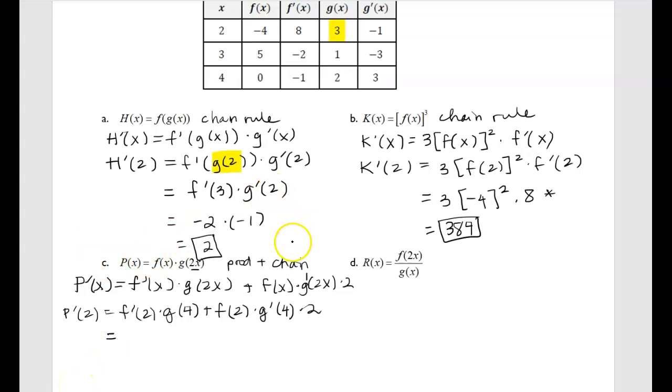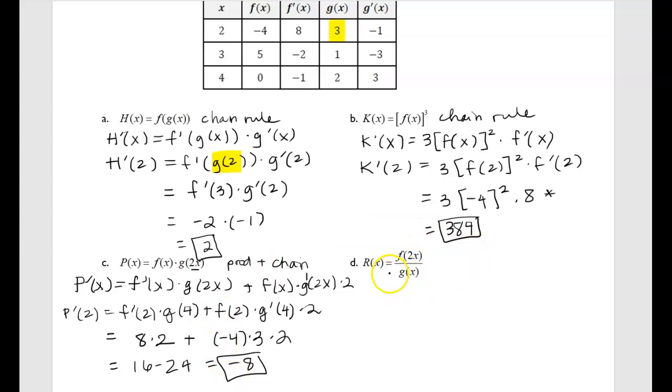So f prime of 2, I can see up here is 8, times g of 4, which is 2, plus f of 2 is negative 4, times g prime of 4 is 3, times 2. So I get 16 minus 24, which is negative 8.